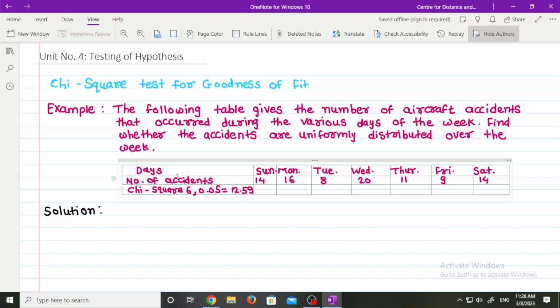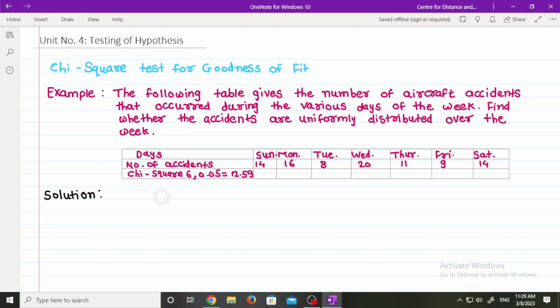For Sunday there are 14 accidents, Monday 16, Tuesday 8, Wednesday 20, Thursday 11, on Friday the number of accidents is 9, and on Saturday the number of accidents is 14. And in the example it is also given that chi-square 6, 0.05 is equal to 12.59.